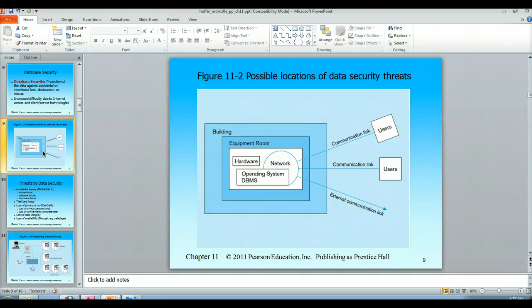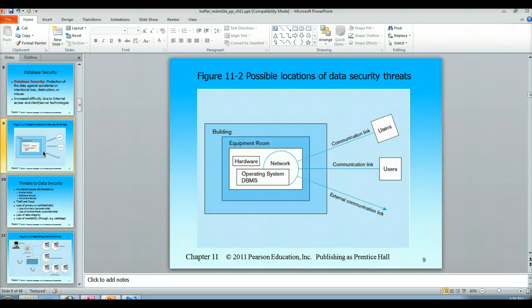When it comes to the hardware, we need to protect the physical room that the hardware is in. And that's not just protecting it from someone walking in and walking away with it. We have to protect that equipment room in that we need to keep it temperature controlled. We can't let that hardware overheat and become destroyed that way. So again, this is misuse and protection against destruction.